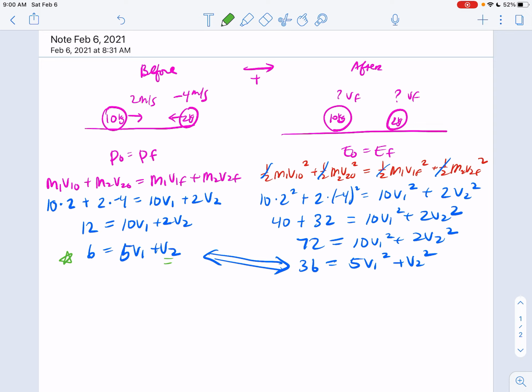This is nice because V2 is really clean: V2 equals 6 minus 5 V1. Then I'm going to put that over here, so I have 5 V1 squared plus 6 minus 5 V1 quantity squared. And now it's time for your fancy math skills.